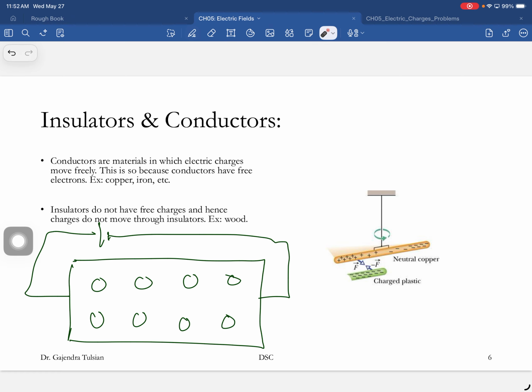Now, if this were a piece of metal, if you arrange atoms in a metal like that, in a crystal, they can achieve a lower energy state by giving up a couple of their electrons. That depends on the metal. They give up a couple of their outermost electrons.